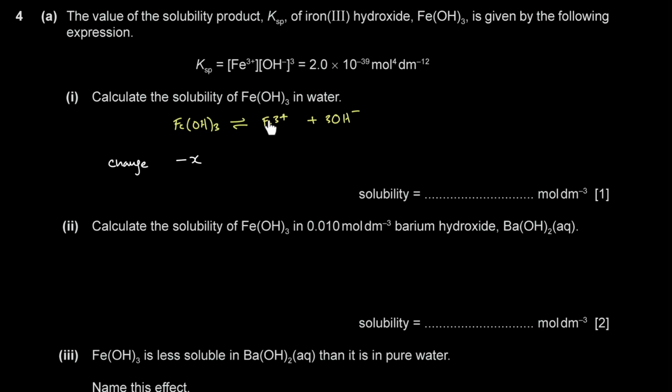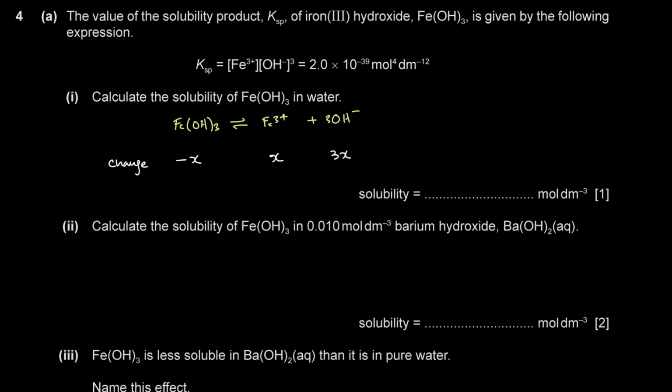Then how many moles of Fe3+ do we have? We'd have x moles of Fe3+, because for every mole of iron(III) hydroxide, we get 1 mole of Fe3+, and we get 3x moles of hydroxide ions, because for every 1 mole of this, we have 3 moles of hydroxide. Now again, the solubility is just x moles per decimeter cube.